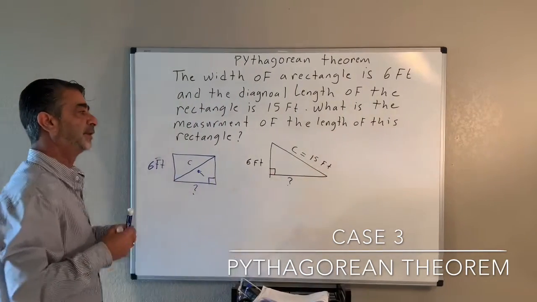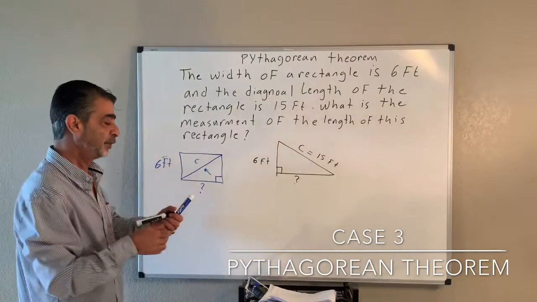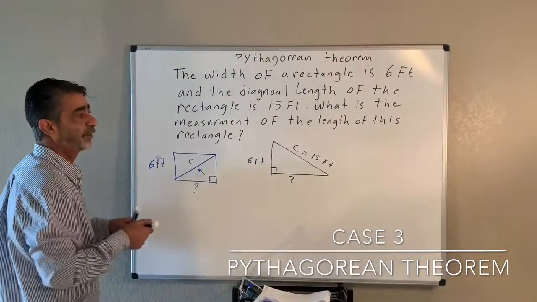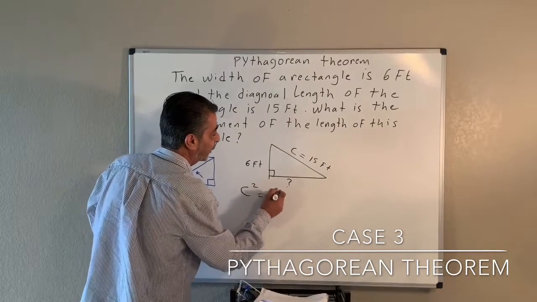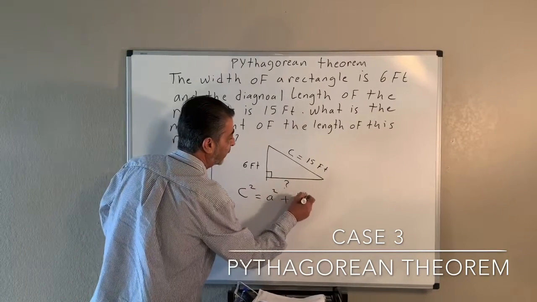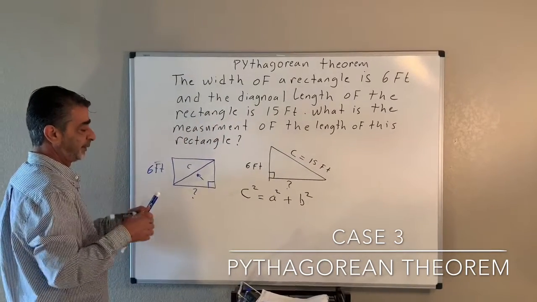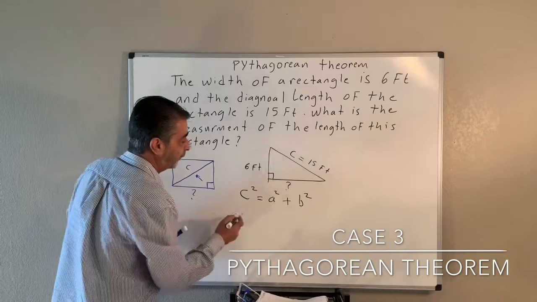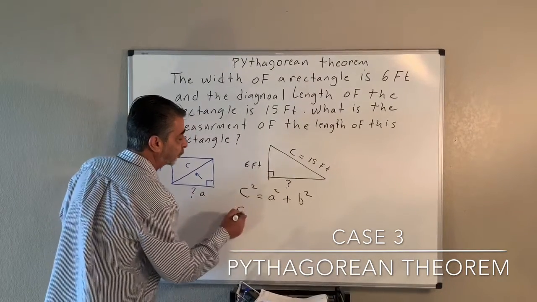Now the long side is given. In this case, we subtract. So we use the same Pythagorean formula, c squared equals a squared plus b squared, and we subtract from C. Let's call it A squared, that's what we want.